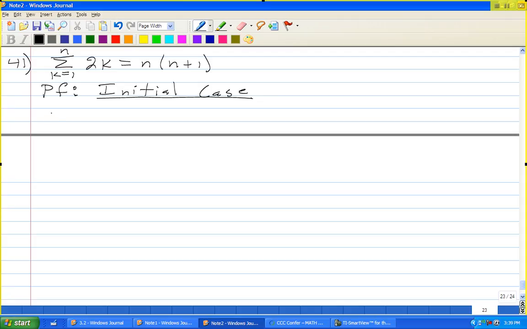The sum, k equaling 1 to n, where n equals 1 for the initial case, of 2k is equal to 2 times 1, which is 2, which is the same as 1 times 2, which is the same as 1 times 1 plus 1.